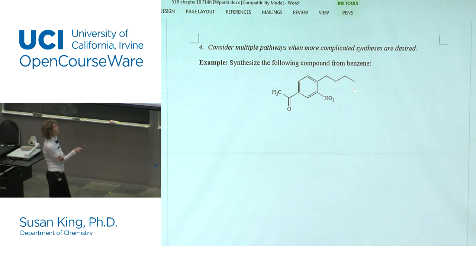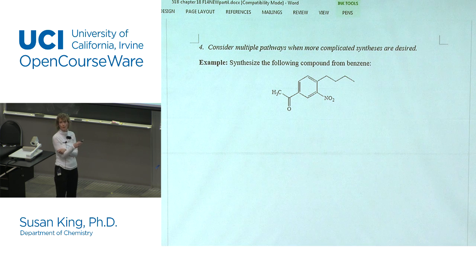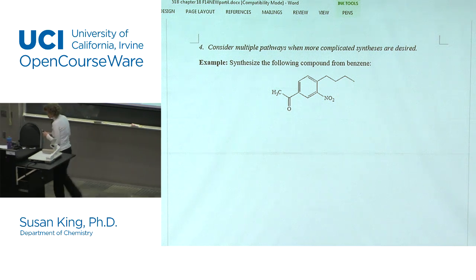So does everybody agree we need to put this group on first? And how are we going to do that so we don't get rearrangement? We have to acylate and then use Wolff-Kishner or Clemmensen. This will rearrange like a shot.